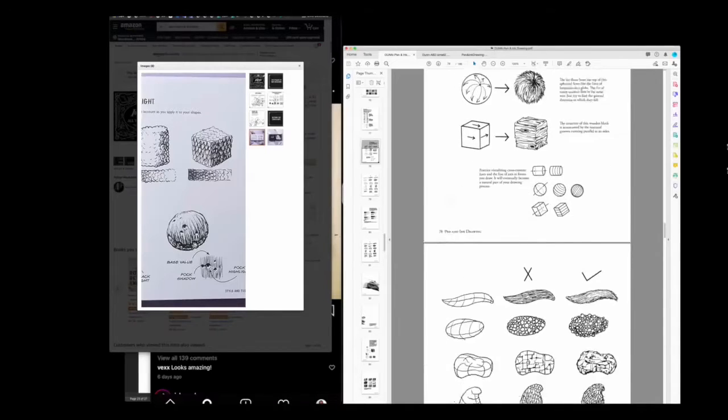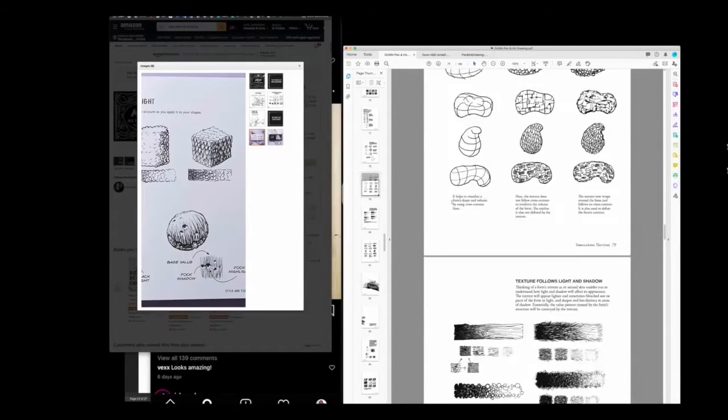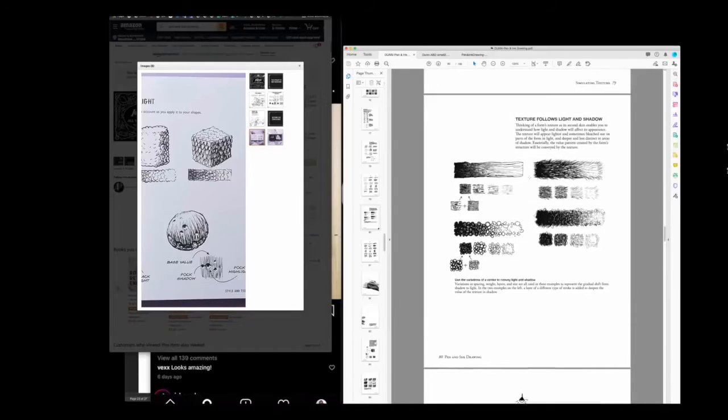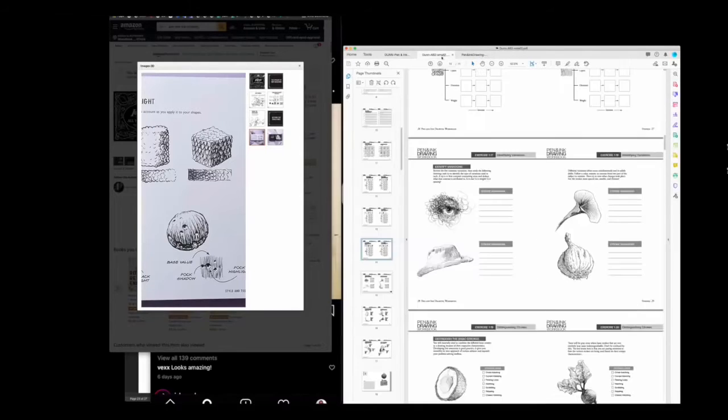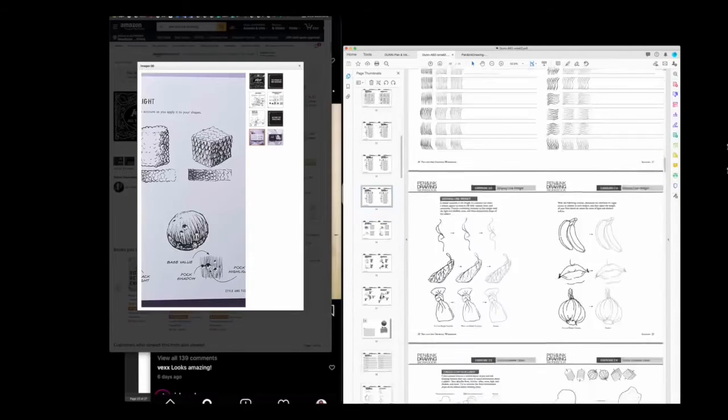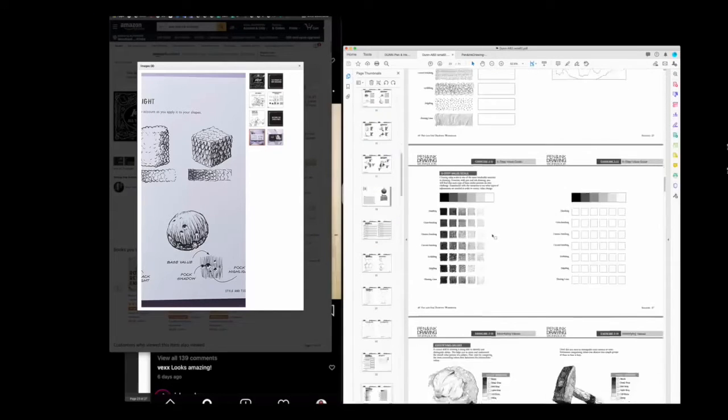Okay, in my same book, following along, here I have some examples of how to vary, how to use a texture and still have it convey light and shadow. That was the idea of this illustration. And you can see even in my workbook where I've also demonstrated something very, very similar to this.